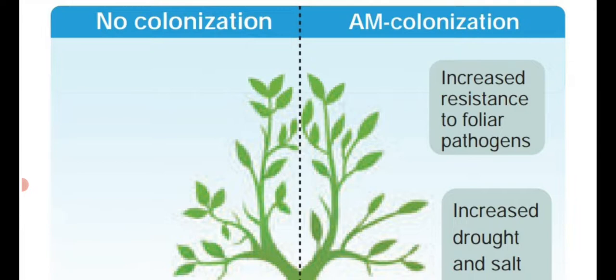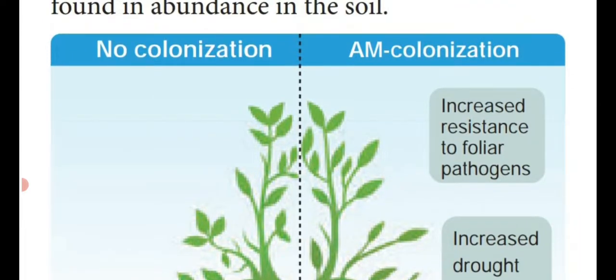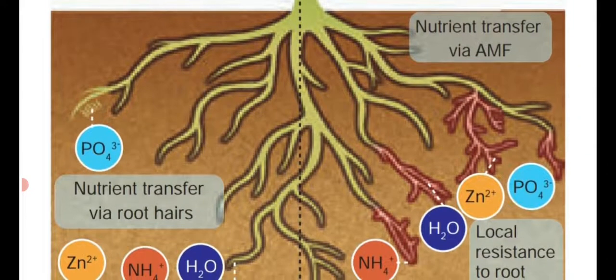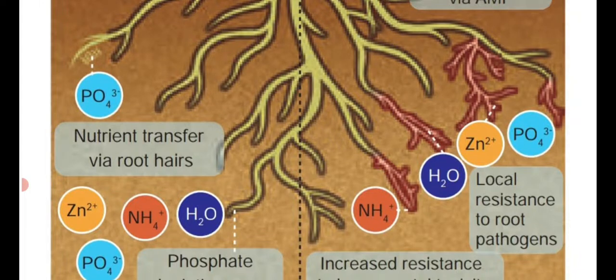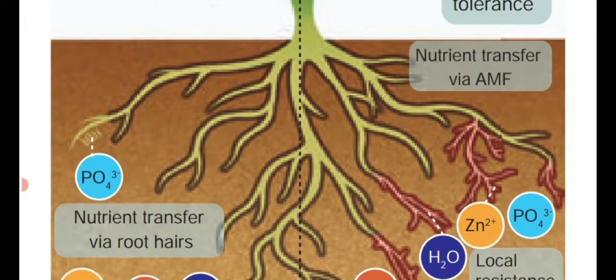In the first one, there is no colony, but the second diagram shows arbuscular mycorrhizae colony formation. So on the left side, the inner side of the soil contains water, ammonia, zinc, phosphate molecules. Here, these phosphate molecules are transferred through the root hairs.